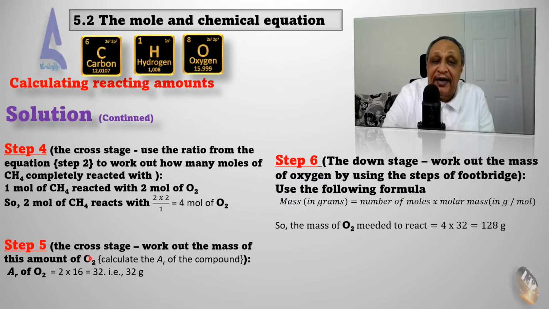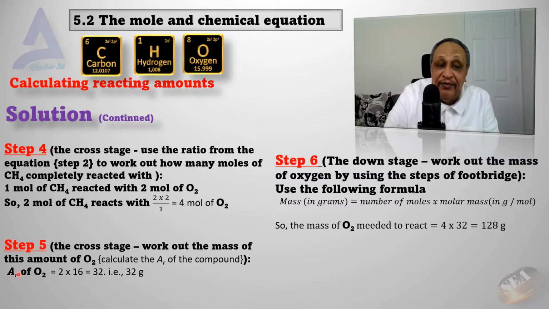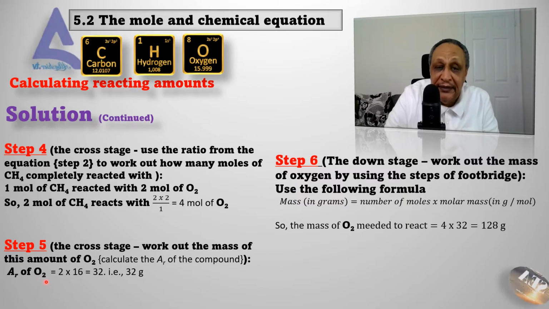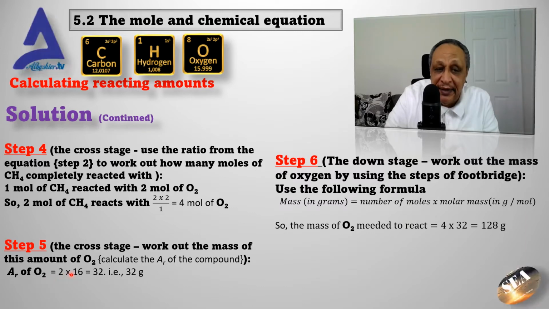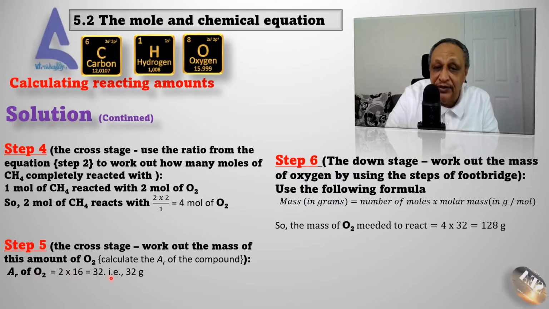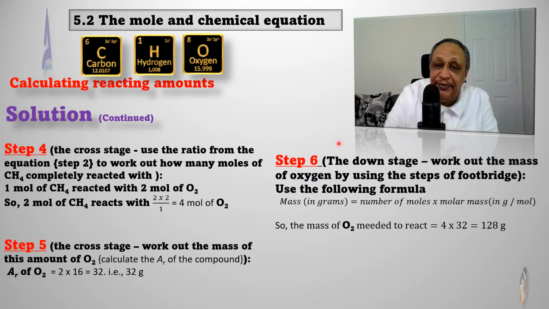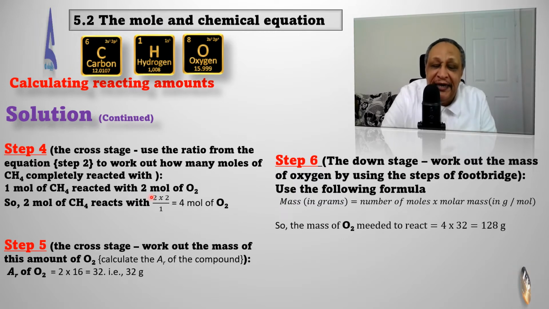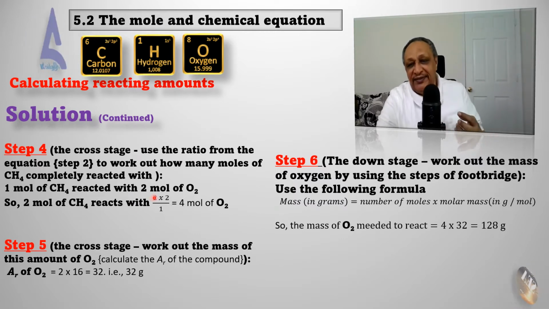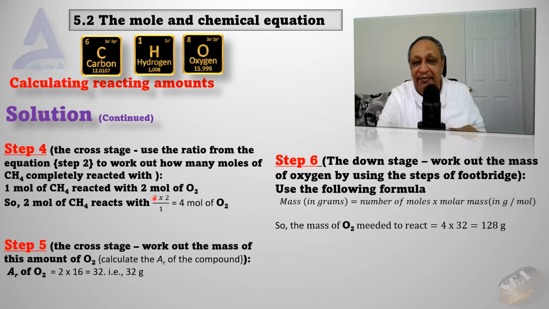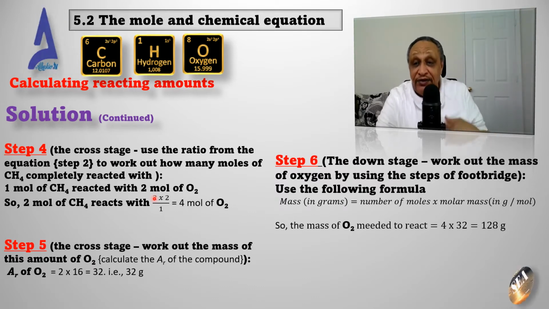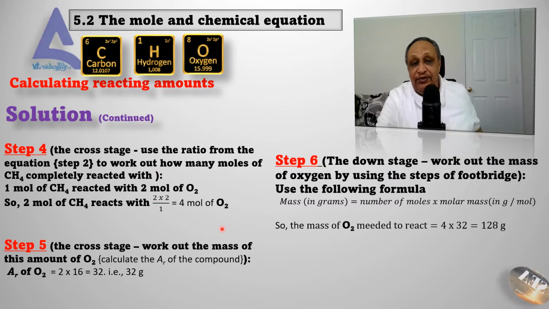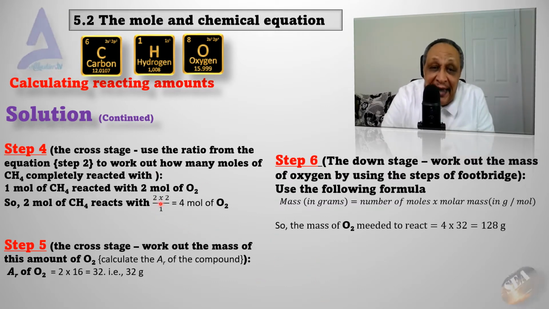Now in step 5, I'm going to have the relative molecular mass of oxygen, which is 2 multiplied by 16, because there are 2 atoms, is 32. Now why do I use this in step 4? Because he asked for the mass of oxygen used. So I'm looking for the mass used here. I have now 4 moles.